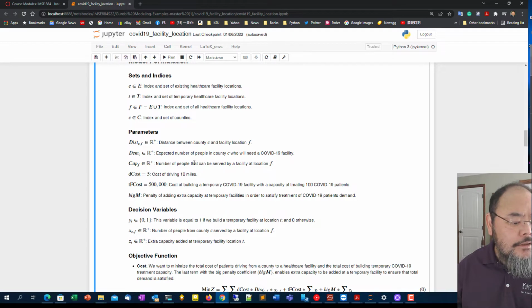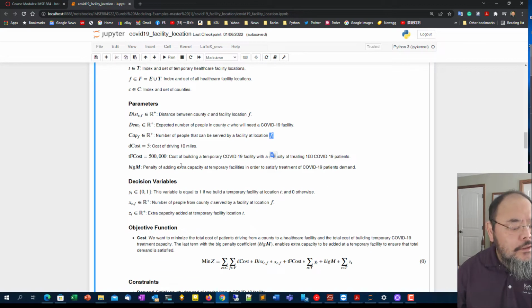And the capacity, the number of people that can be served at a particular facility, which is the capacity of F. D cost is the $5, the cost of driving per mile. We will use a subroutine to calculate the distance between two locations and use that as a basis to calculate the traveling cost. The cost of building a temporary facility is about $500,000.